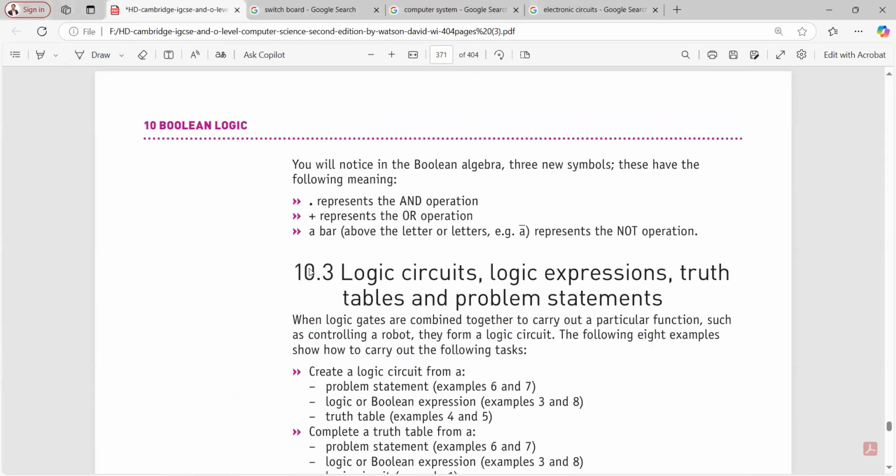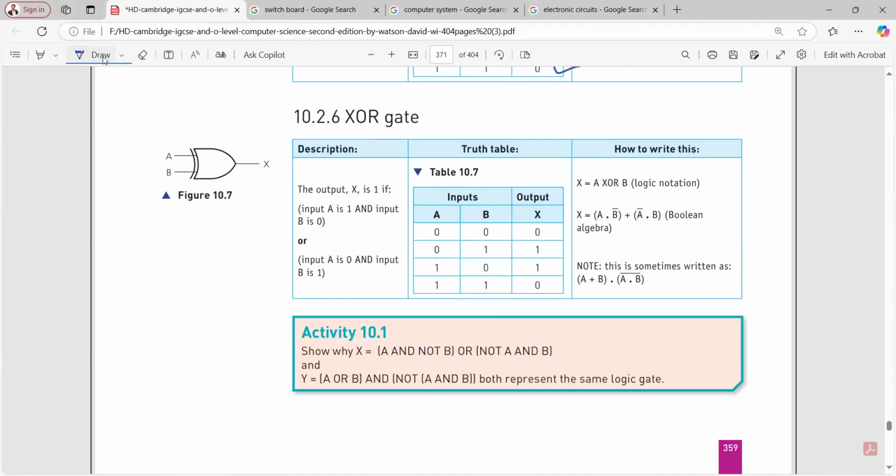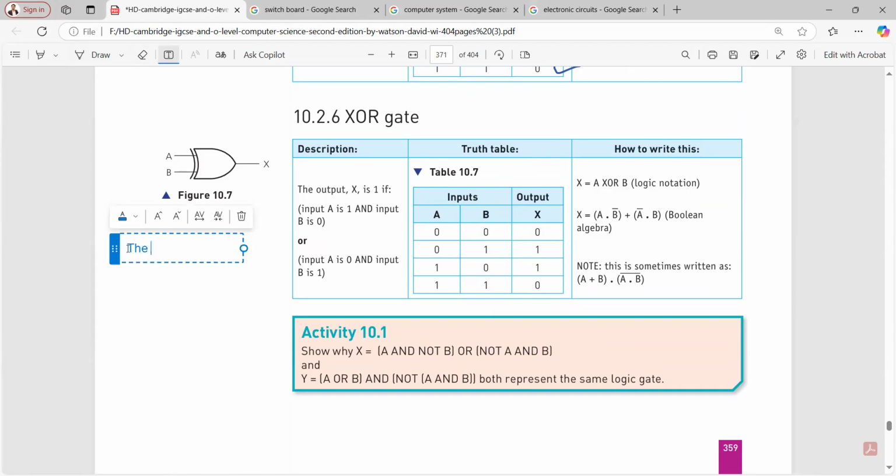After this is the last gate, which is the XOR gate. You are going to draw this gate and write this statement, what I am writing right here. The output is only true when the inputs are opposite of each other.